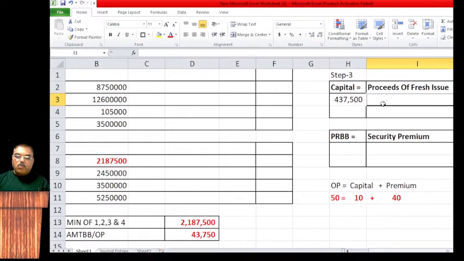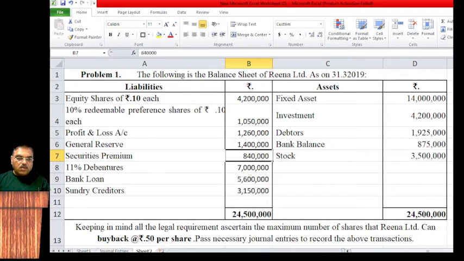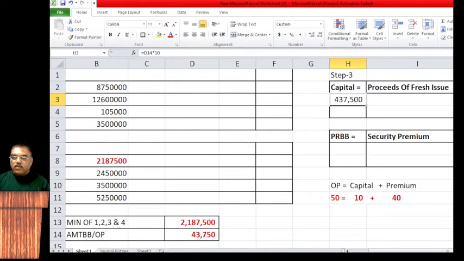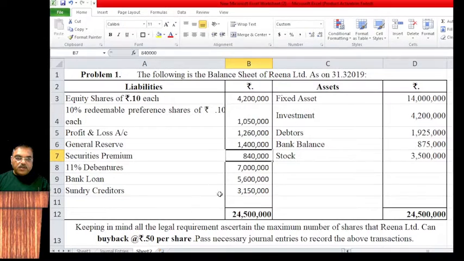Now in this problem there are no proceeds of fresh issue, so here we put proceeds of fresh issue as 0. Now this 4,37,500, from where do we want it? What are the profits available for that? We can take it from either general reserve or profit and loss. So we can use general reserve first. How much amount is there in the general reserve?